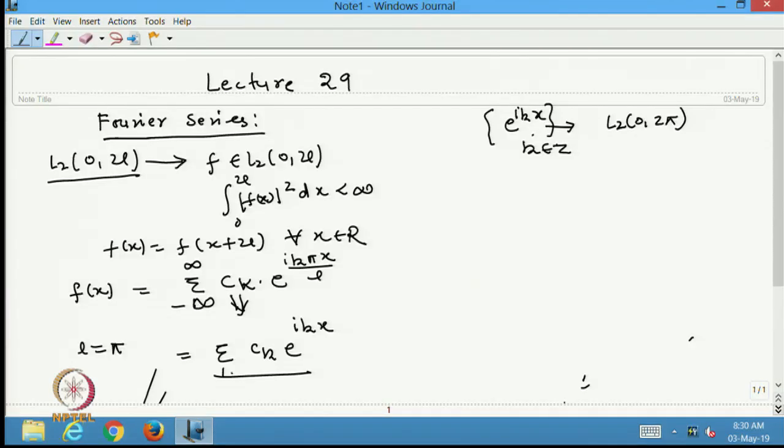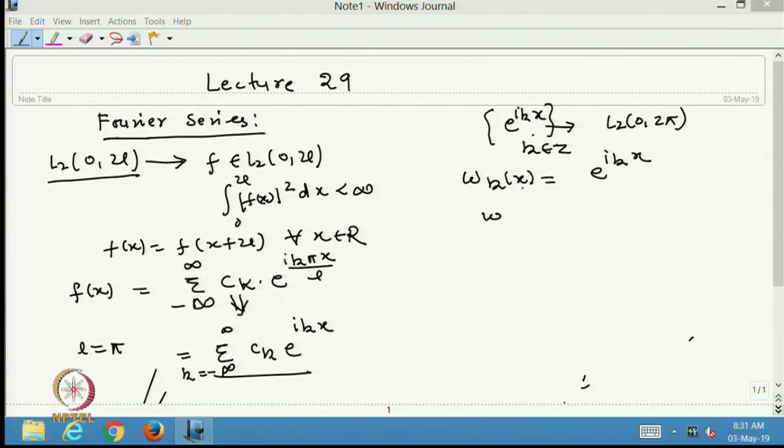So, if you look at this space more carefully, how are we generating this space? If I denote this function by w(x), this is a dilation of a simple single element.